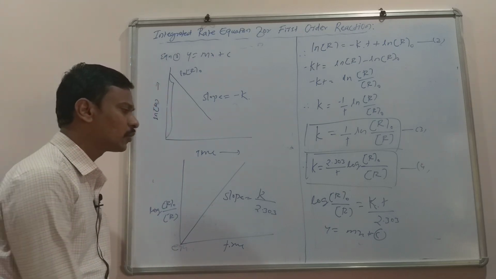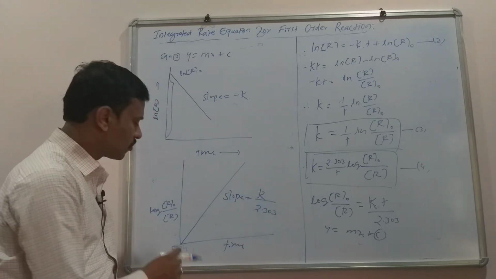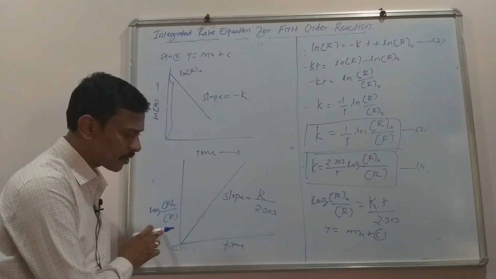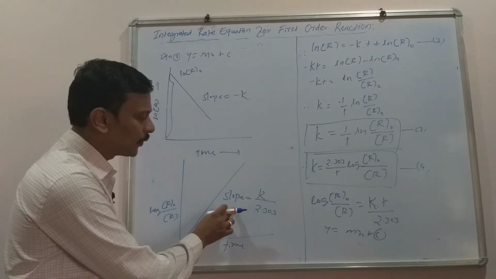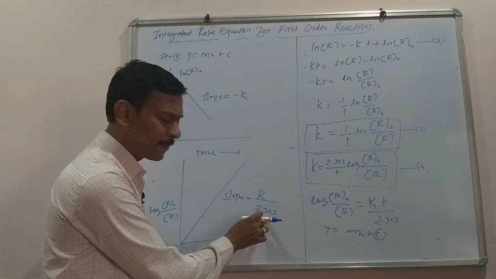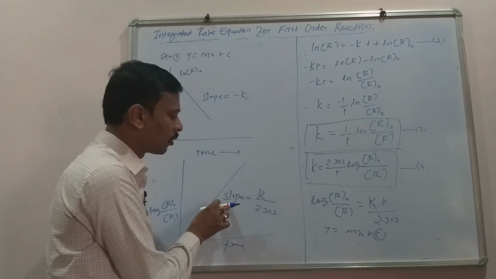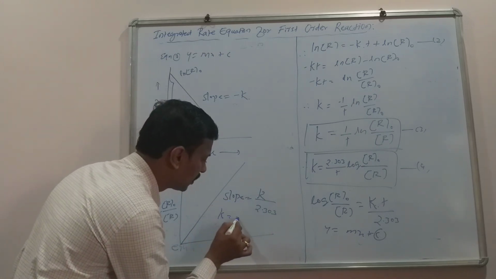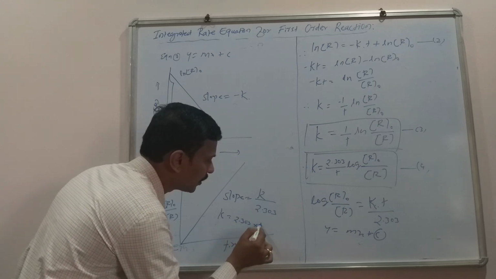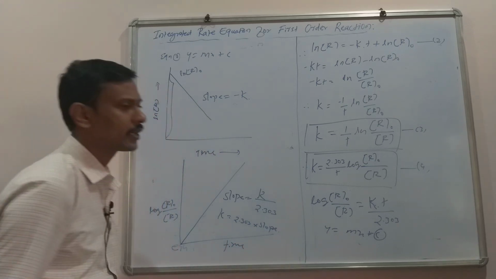If you want to find the rate constant of the reaction, you have to plot the graph of log r naught upon r versus time. Then the slope will give k by 2.303. From the graph you find the slope, and k is equal to 2.303 into slope. This is the equation.